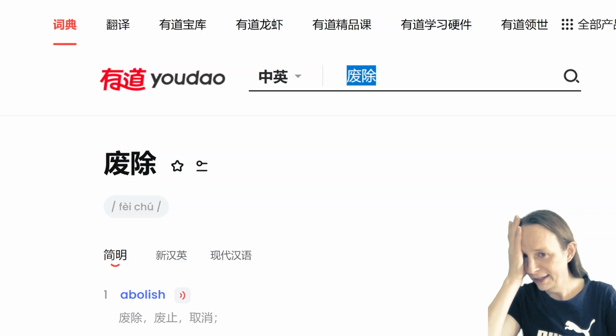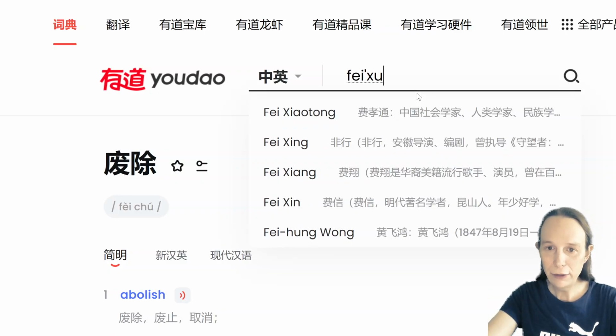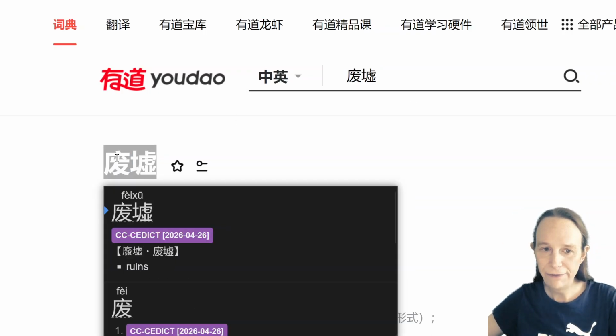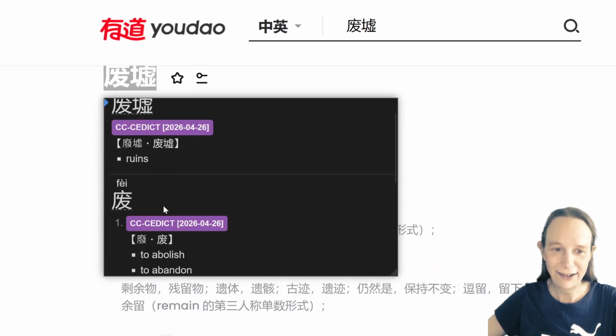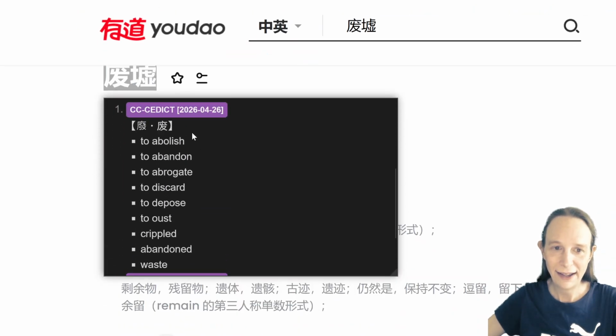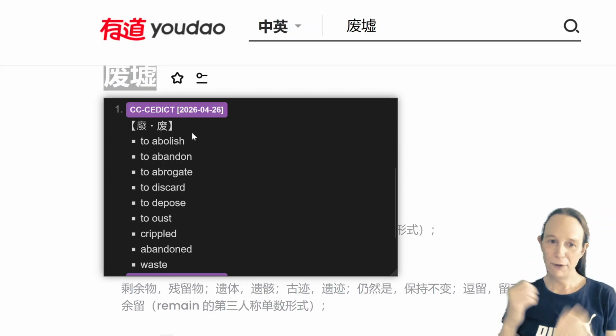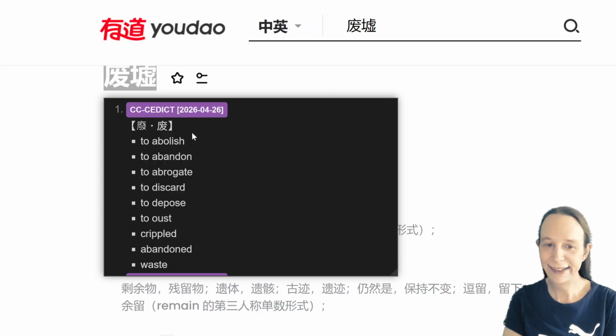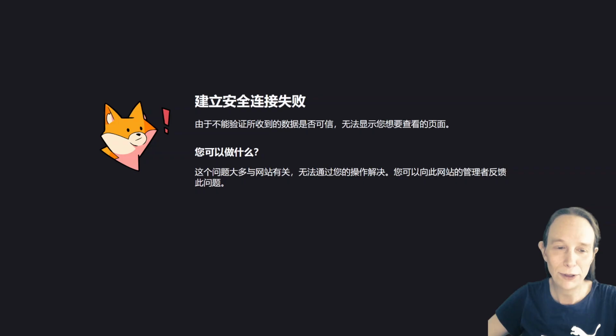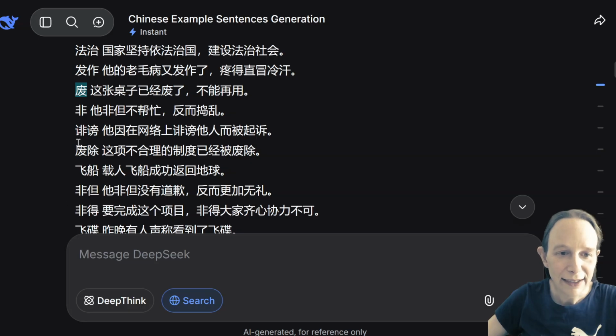What are the other ones? 废墟 is ruins. Yeah, so wow. Abolish, abandon, abrogate, discard, dispose, oust, cripple, bend, waste. Seems kind of broad. All right.